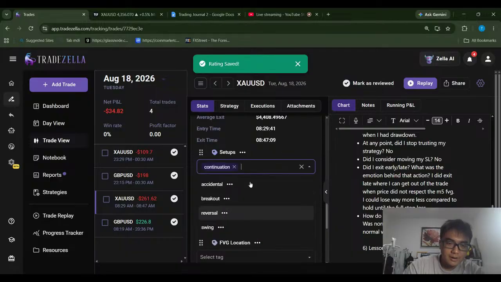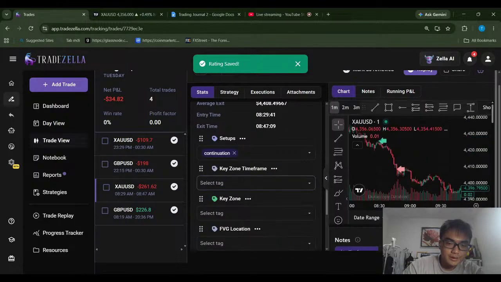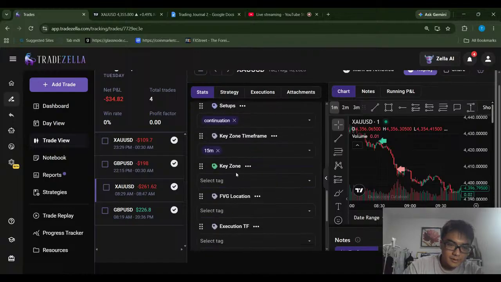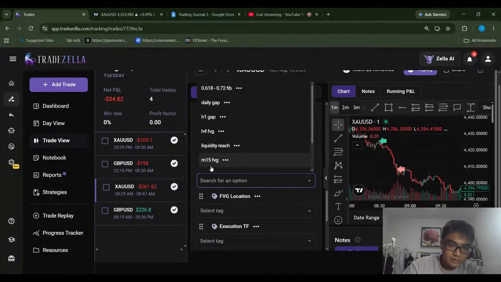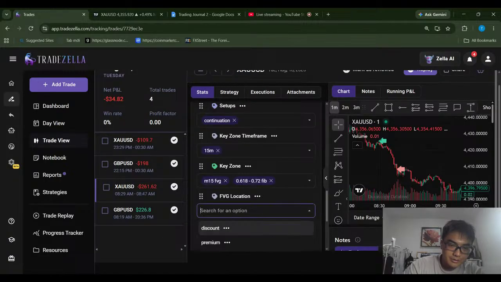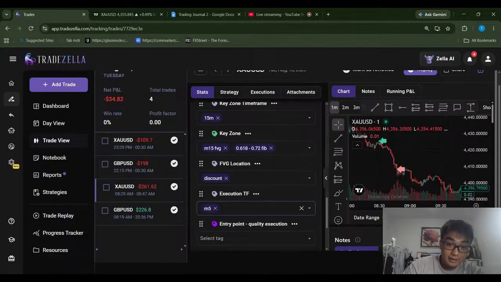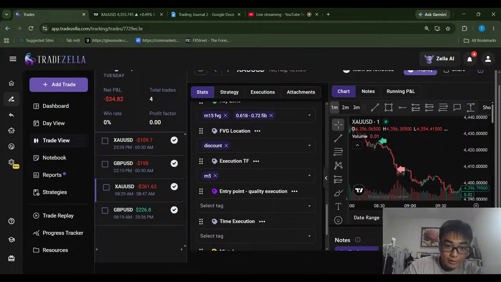The setup: I try continuation, key on the 15 minute time frame, key on the 15 minute FVG, and the 0 point of the Fibonacci retracement. And this is the discount and execution time frame. We have M5 execution and M5 entry point quality execution.